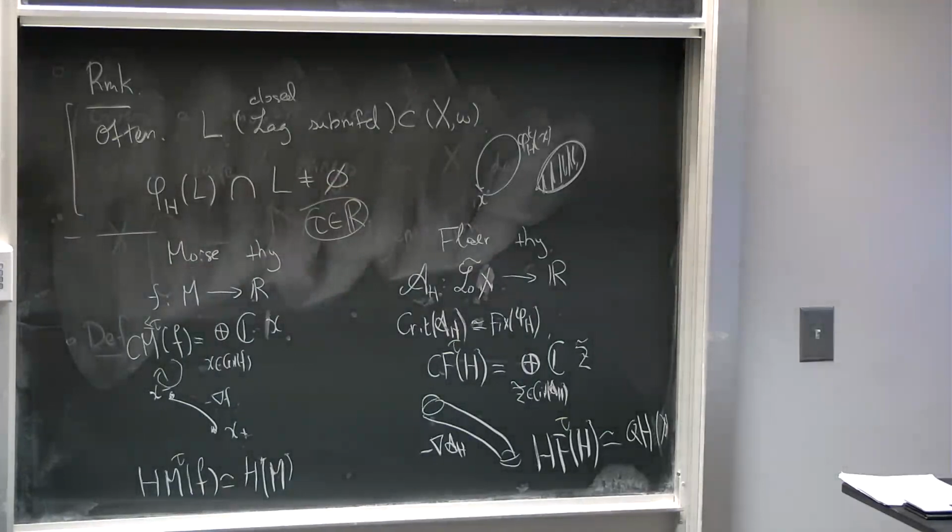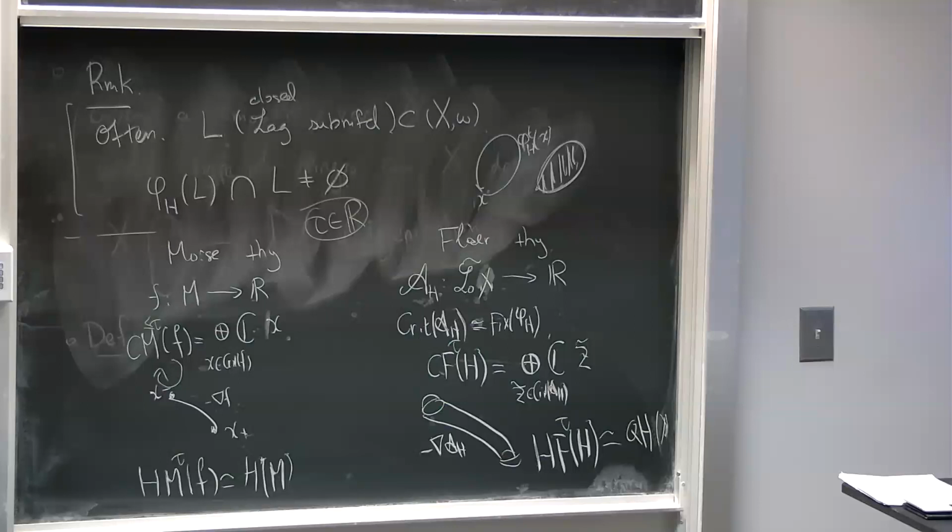So you can define filtered Floer homology. And there's a set of numbers called the spectral invariants.